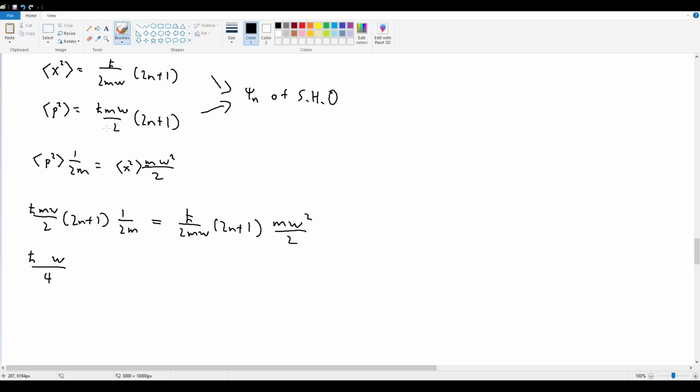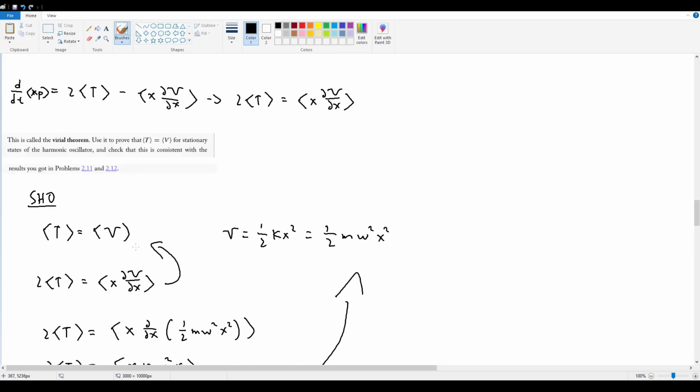H bar omega over 4 times 2n plus 1. On the right, you have h bar omega, because the m omega cancels the m omega squared, over 4 times 2n plus 1. Okay, so these two terms equal each other on the left and right side, therefore this is true. So with that, we have shown that the expectation value of T is equal to the expectation value of V, and we've shown that this is consistent with the results we got from problems 2.11 and 2.12.